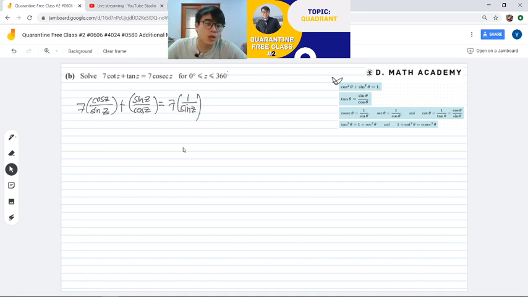By doing so, I have converted everything into something similar. So my next step is to multiply the 7 into it and figure out what to do next for the rearrangement.